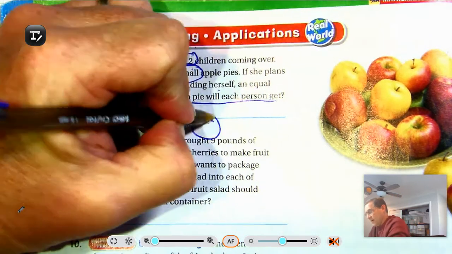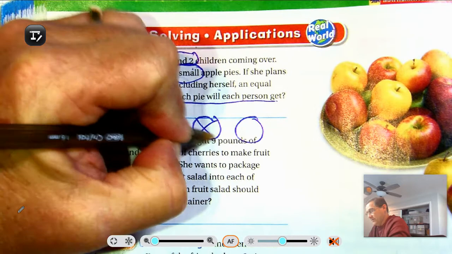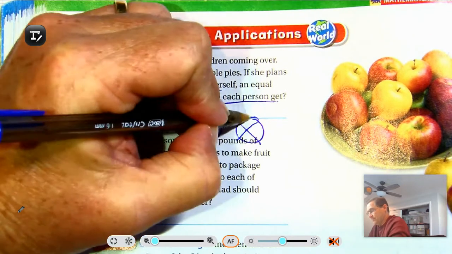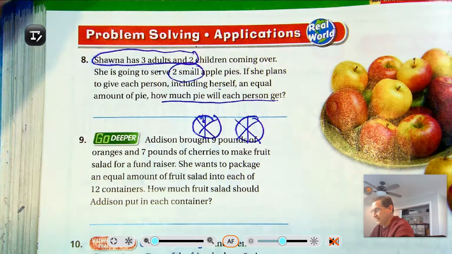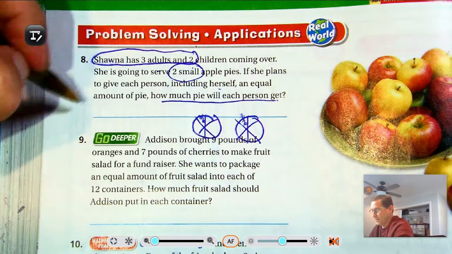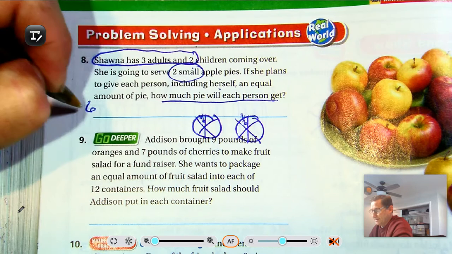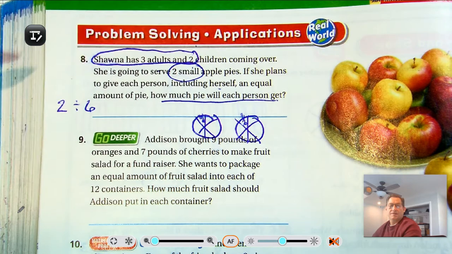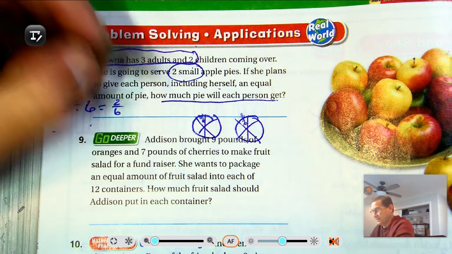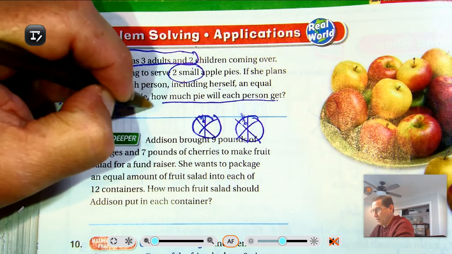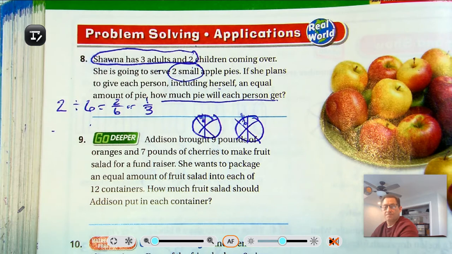So we have 2 pies shared with 6 people. So each person is going to get 1/6 of each pie. So we can say 2 pies divided by 6 people, which is the same as 2/6, or 1/3.